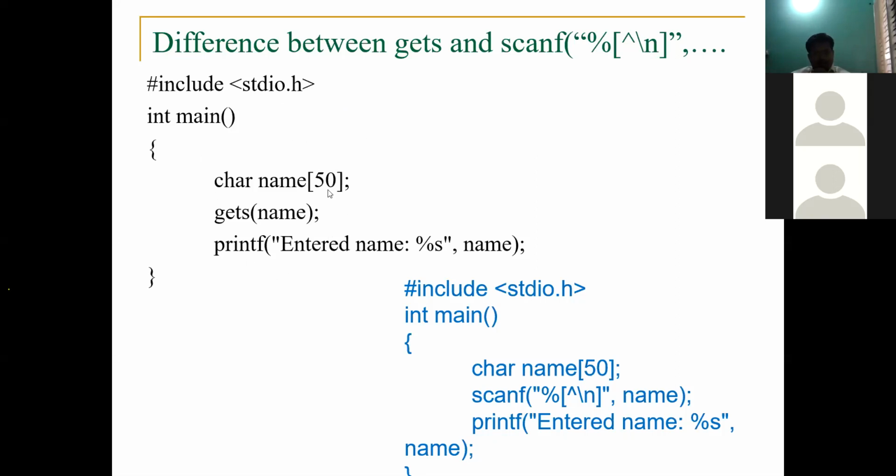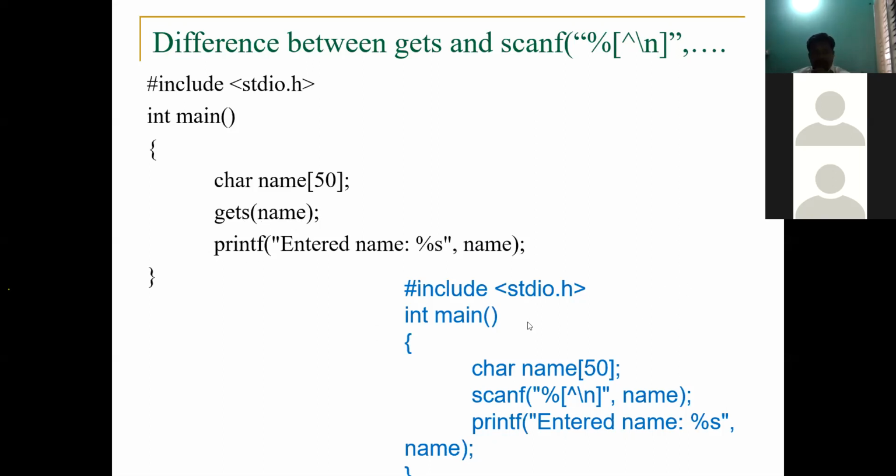Now we have two programs here. One in black font, the other one in blue font. The black font contains gets. I'm using the gets function. You can see the parameter that I'm passing is name. Name is a character array. So I'll accept name from the user. %s is for accepting a string, and here it is to print a string because we have a printf statement.